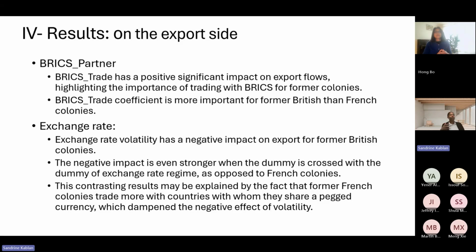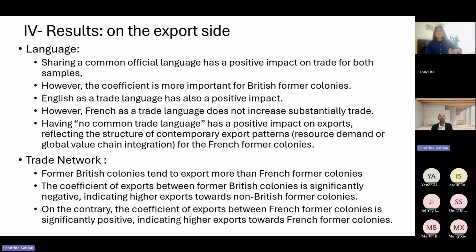So this can explain the fact that they are less subject to exchange rate volatility, as most of the French colonies have a peg currency. So when they trade with partners that are part of the French network, we can think that the pegging of the currency plays a role.